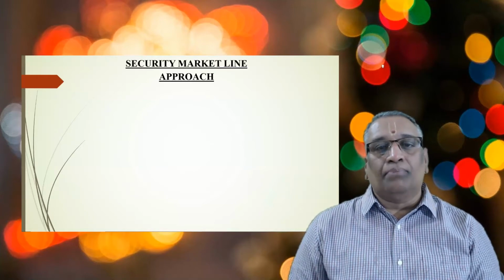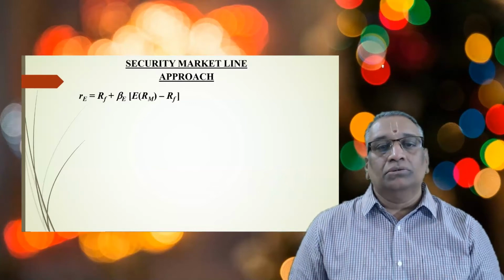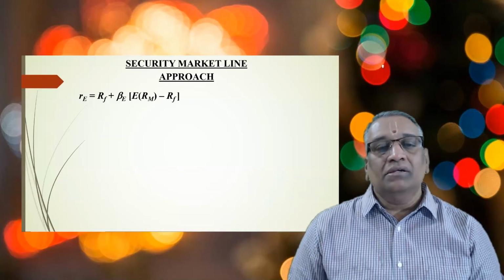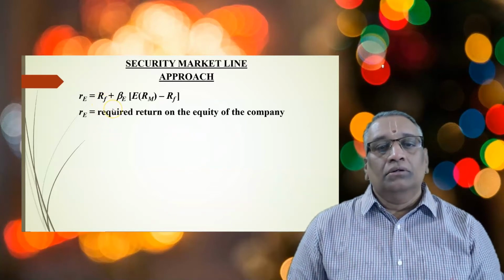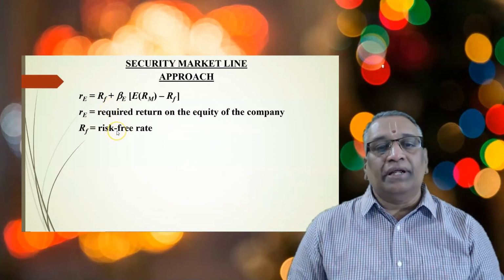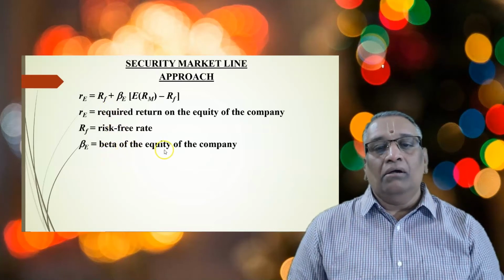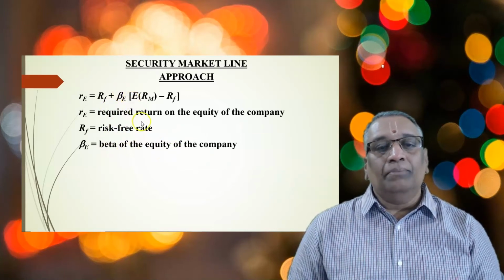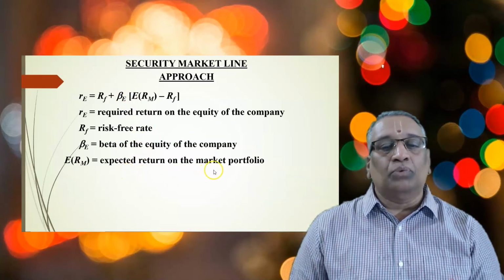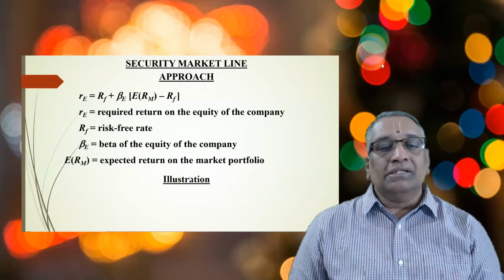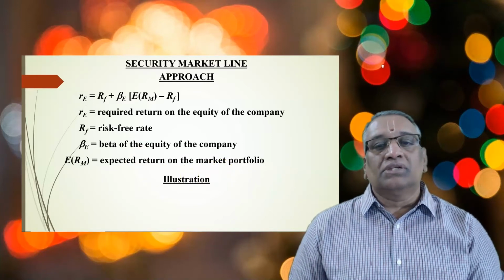Now we move on to the second approach, the security market line approach. In this approach, this equation is applied. RE, that is the return expected by the equity shareholders, or otherwise the cost of equity, is equal to RF, the risk-free rate, plus the equity beta of the company multiplied by the expected market rate of return of the portfolio minus the risk-free rate.